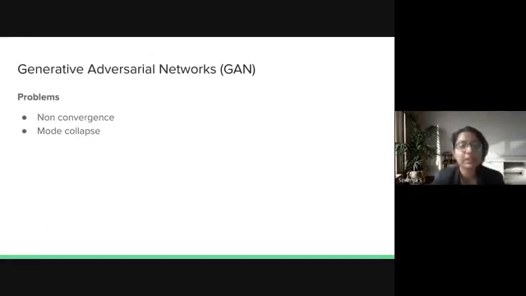One of them is non-convergence, because we are training the generative model and the discriminative model over a lot of iterations. And if we don't start at a convenient place, we might never be able to bring the random sample close to the actual real input. So that is the problem with non-convergence.